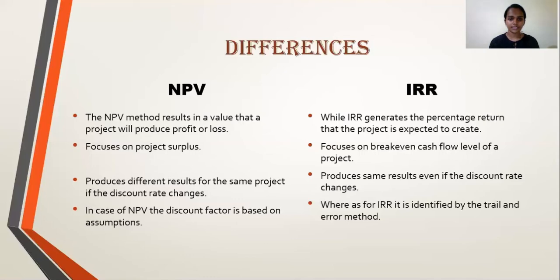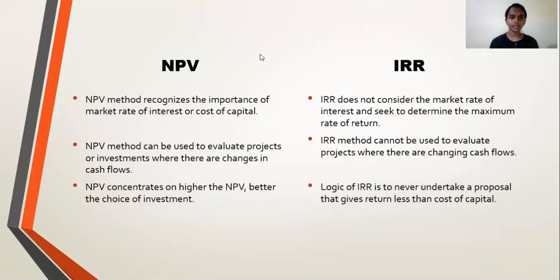The next difference: the NPV method recognizes the importance of the market rate of interest or cost of capital, whereas IRR does not consider the market rate of interest and seeks to determine the maximum rate of return. Here in NPV, we consider the market rate of interest or the cost of capital.